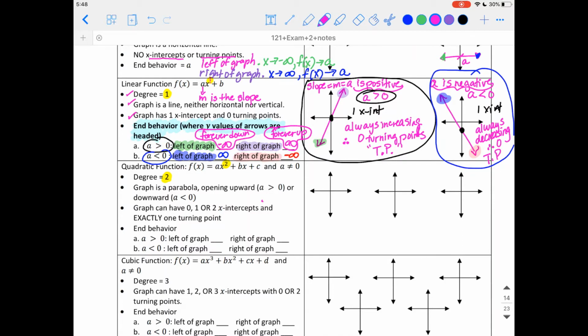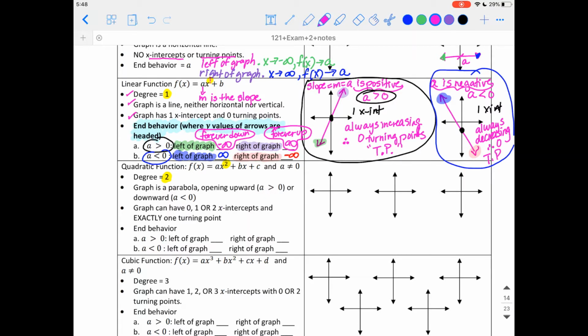And a can't be 0 because if it is, then your x squared goes away also, and then you're left with a line, and that's not a quadratic. So the graph is a parabola opening upward if a is greater than 0, or downward if a is less than 0. And we should remember that again from our transformations and our studies with parabolas as well.